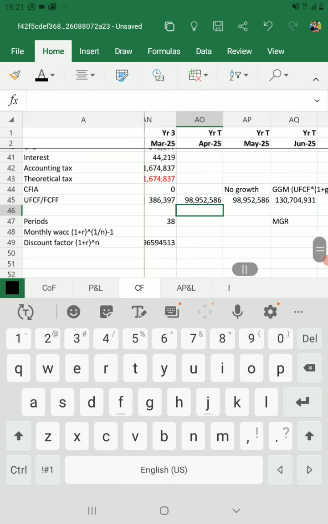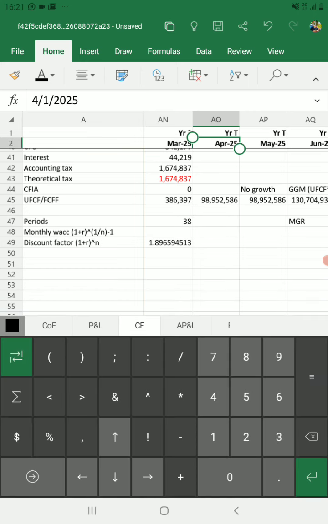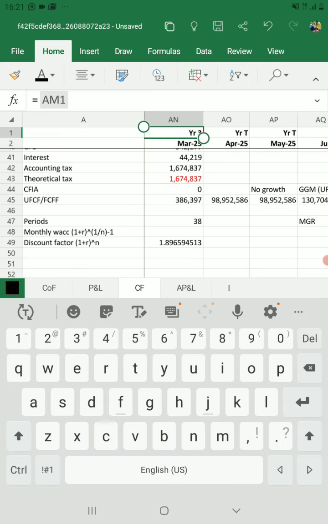Okay, so we pick that as our terminal value. So here we say we don't need this first one that shows here, so I delete that row.